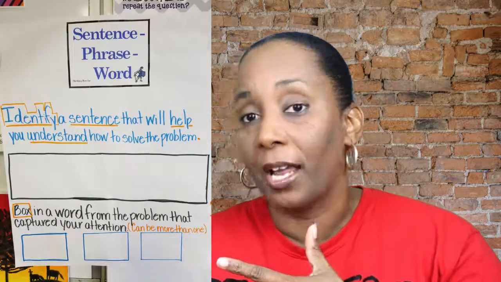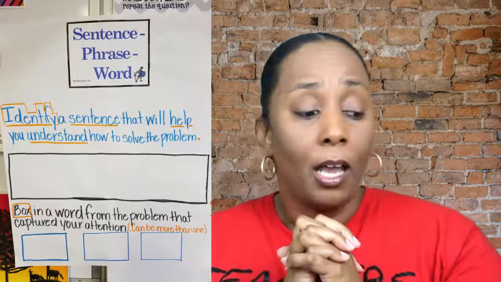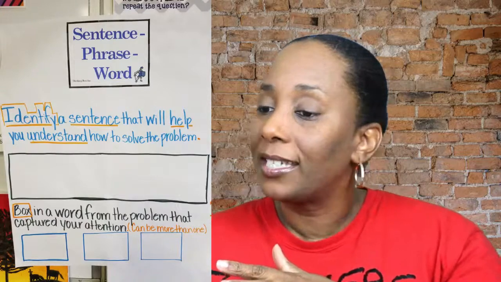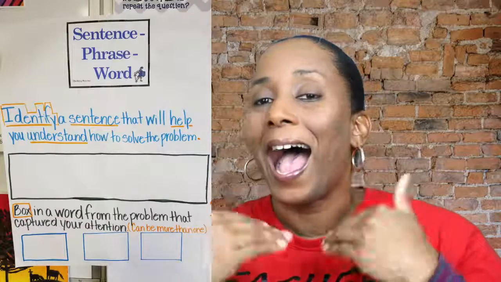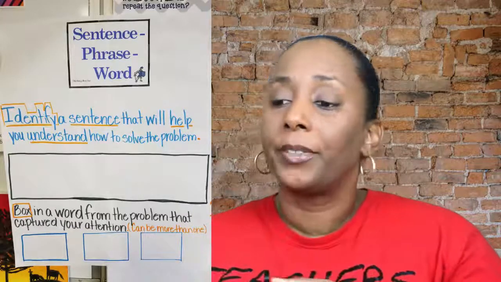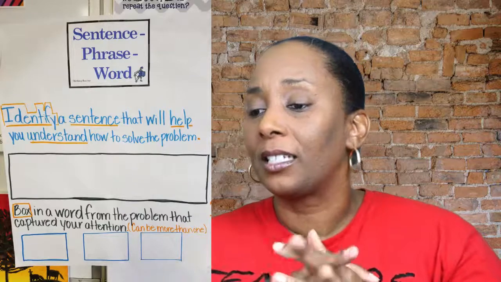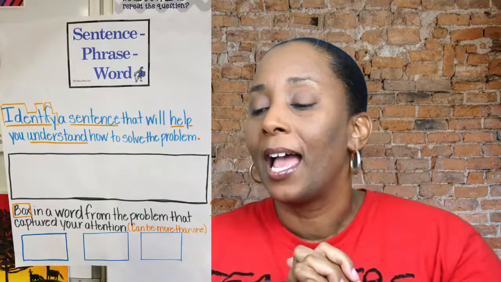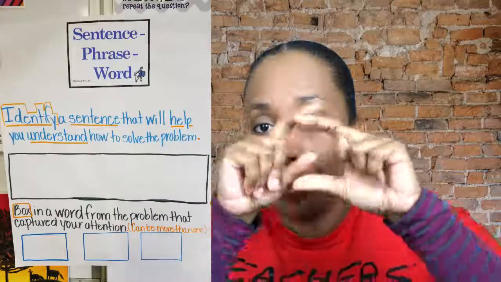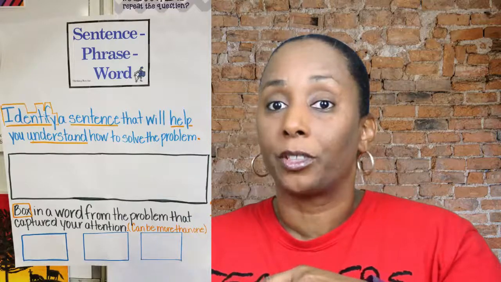So in the thinking routine, that was one of them. The second year I did it, because I only do one new thinking routine a year, it was Sentence, Phrase, Word, and I adapted it. It's really more for context, but I adapted it to identify a sentence that will help you understand how to solve the problem. And I put a box there. This is the actual chart that I created for small group.